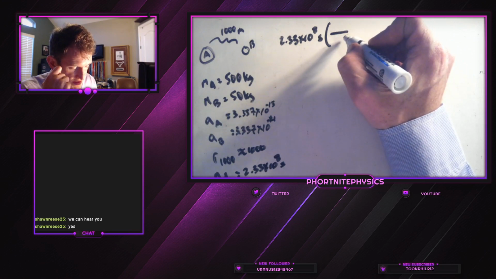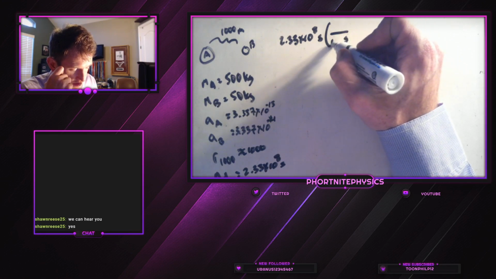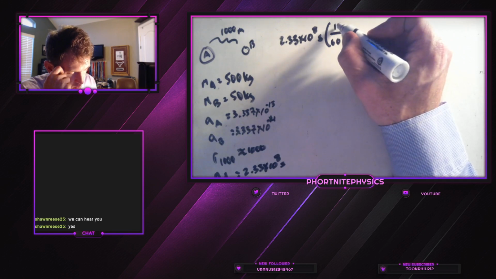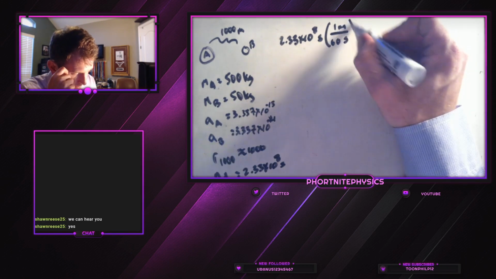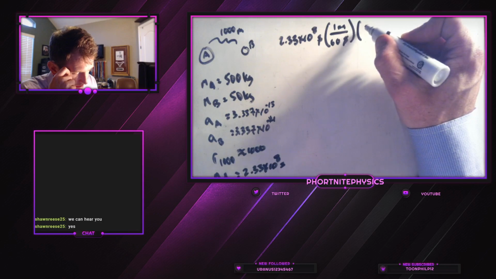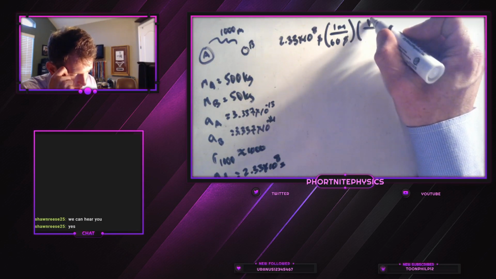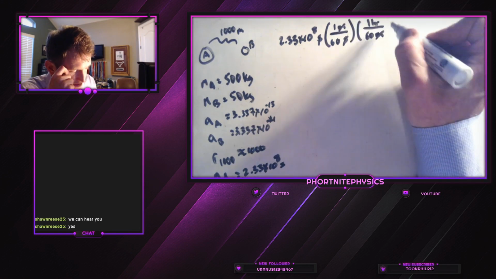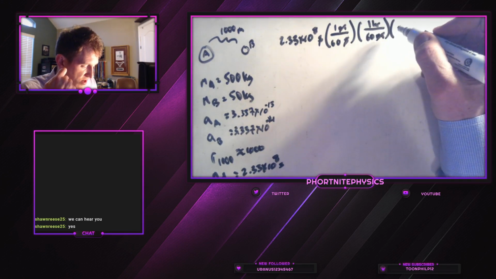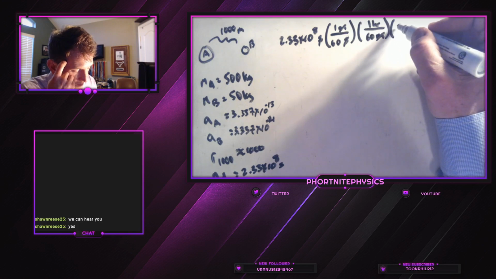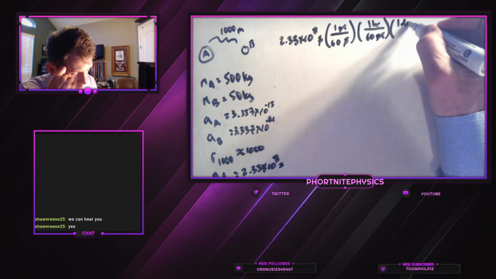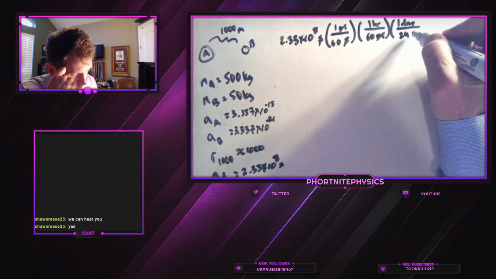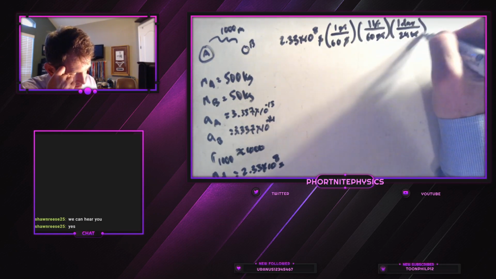So for every 1 minute, let's say there are 60 seconds. That cancels out those seconds. But let's also say for every 1 hour, there are 60 minutes, and that cancels out those minutes. And let's say for every day, there are 24 hours. That cancels out those hours.